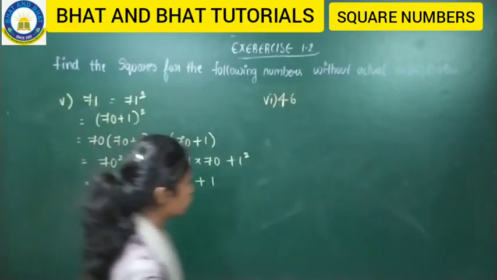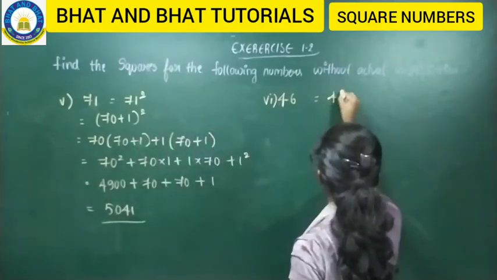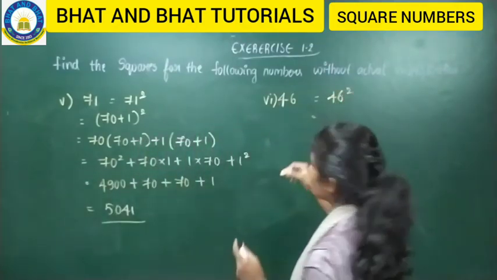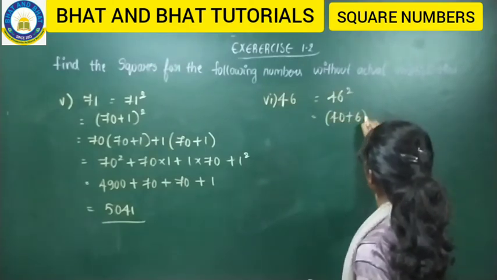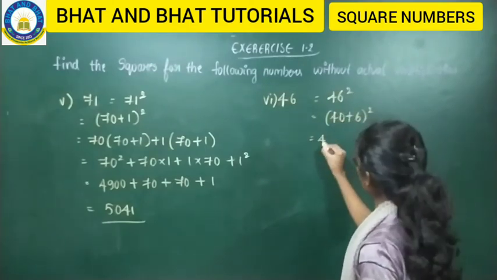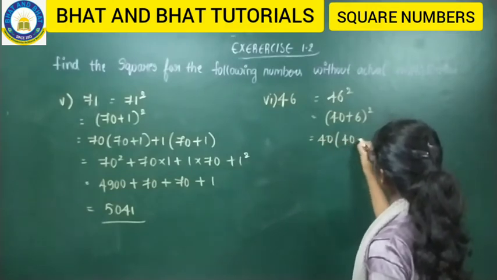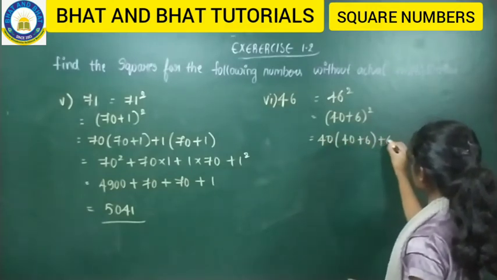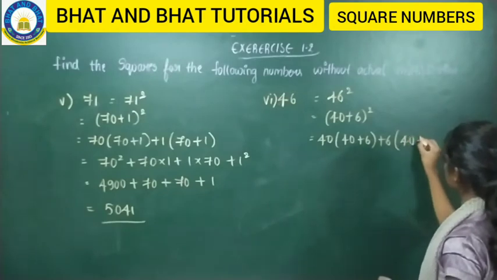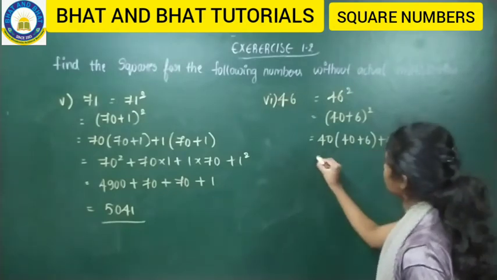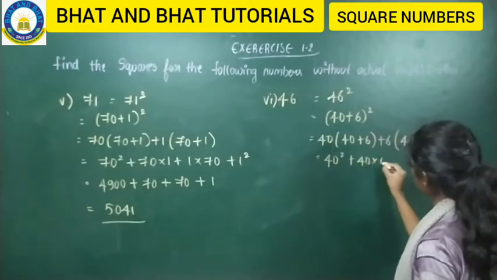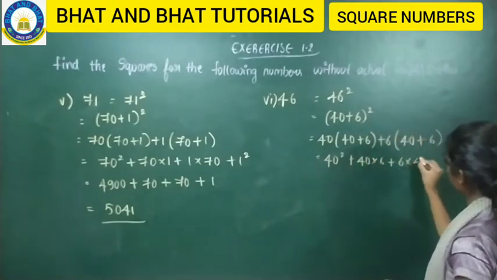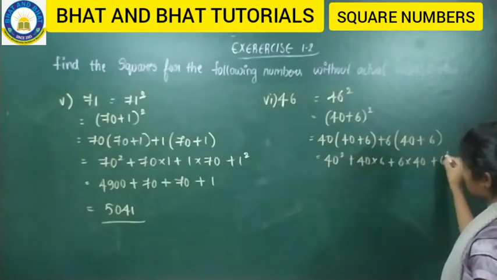Okay, we'll just move on to this. So 46 square. So if you just expand that, you will get 40 plus 6 whole square. So 40 plus 6, 40 plus 6. So 40 square plus 40 into 6 plus 6 into 40 plus 6 square.